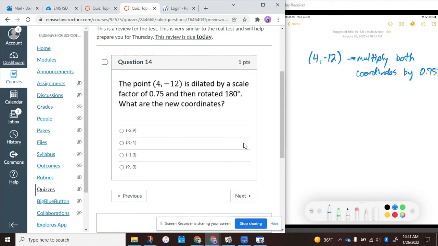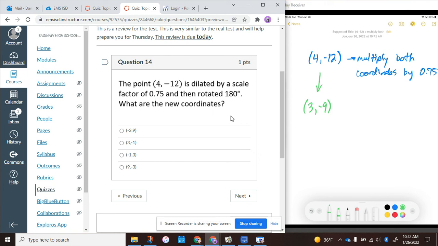And that's something you can do in the calculator, or you could just recognize that 0.75 is 3/4. Either way, it'll get you the right answer. It'll get you where you need to go. And if you're doing that, our first transformation brings us to right here. Our dilation turns it into 3 and -9.